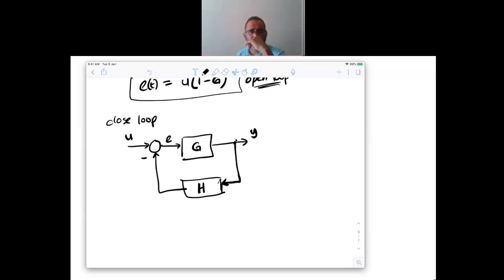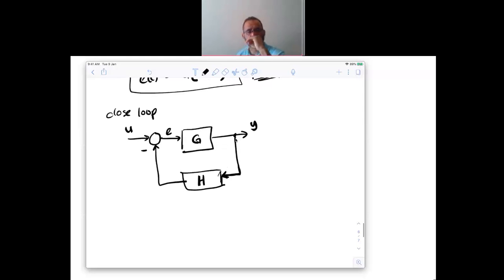Okay, now what is the value of error? So if I look at the error, this is y going to H. So of course that value that is subtracted to get the error is U minus YH, isn't it? Okay, U minus YH, right?